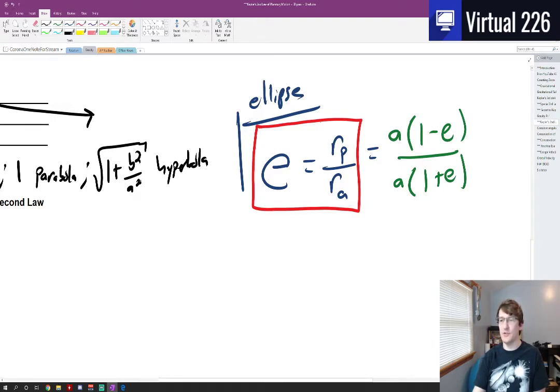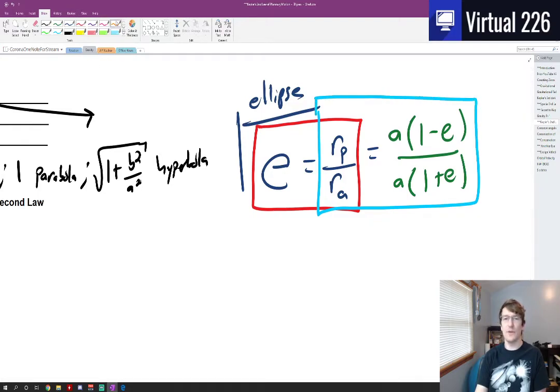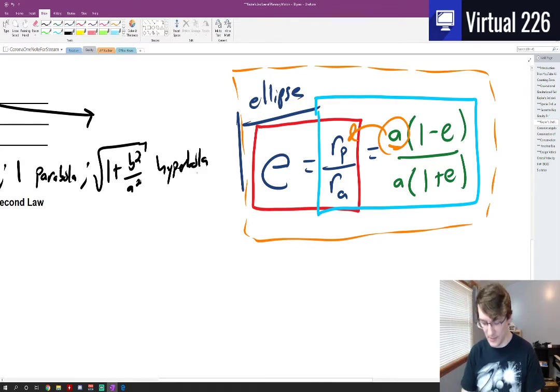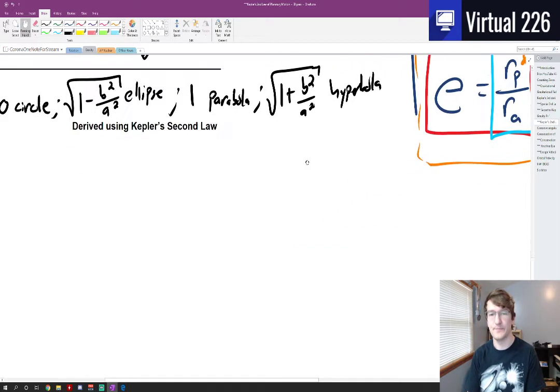And that allows you to equate these equations together. So if you don't know anything about your semi-major axis, but you know the eccentricity and your r values, then you can find it. But if you don't know an r value, but you know the semi-major axis, then you can use this to find that. These equations just go together. There's technically 2 of them there, but you can mix and match them to figure out a whole bunch of things regarding your orbit.